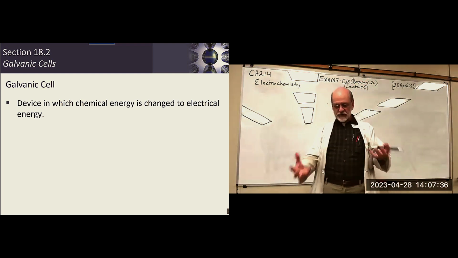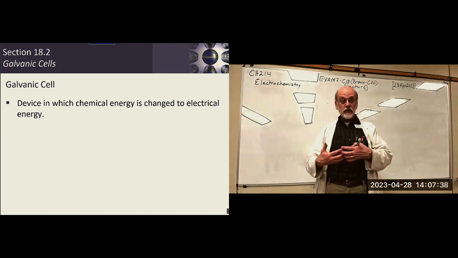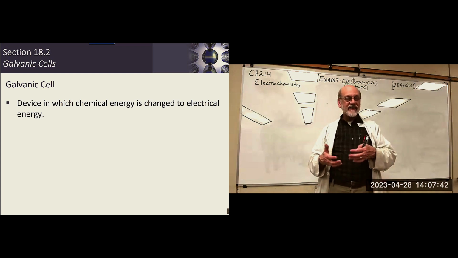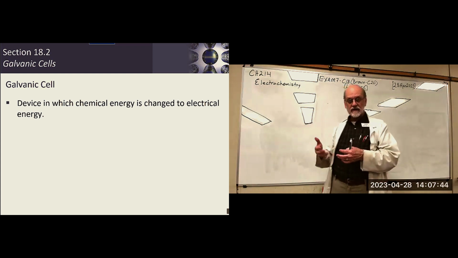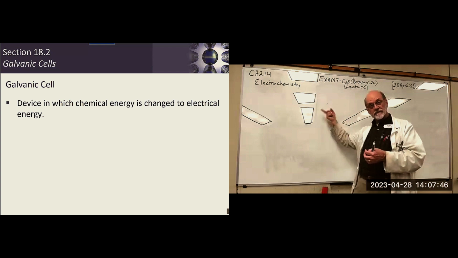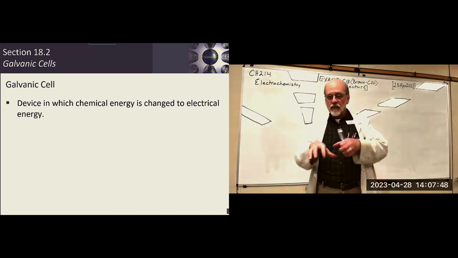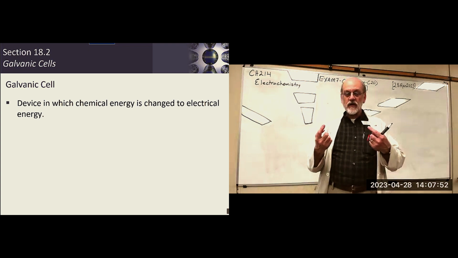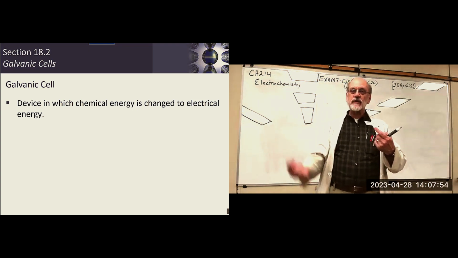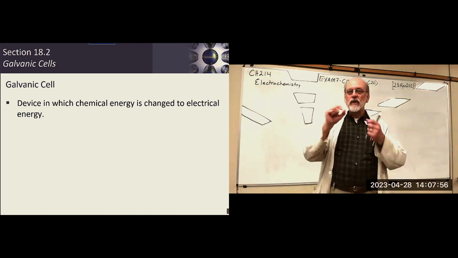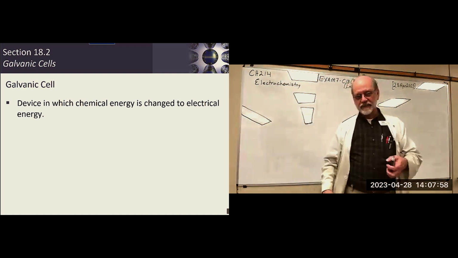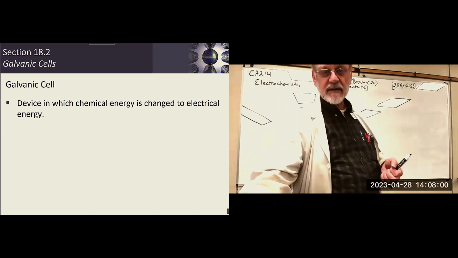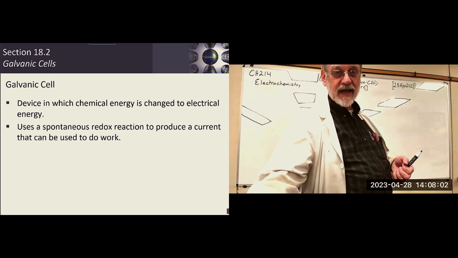Right? If we just put the two solutions together, the electrons will move and the reactions will occur, but we won't have access to any of that energy of those electrons moving from one to the other. So what we have to do is separate those two half reactions such that the electrons can only travel through an external circuit, and then we can tap that energy. That's the idea behind the two half cells in a galvanic cell.